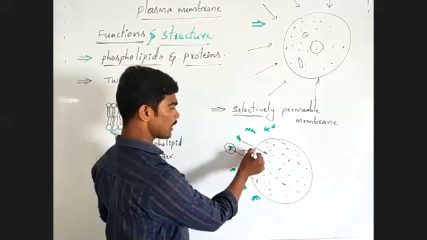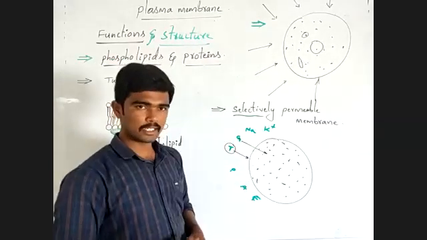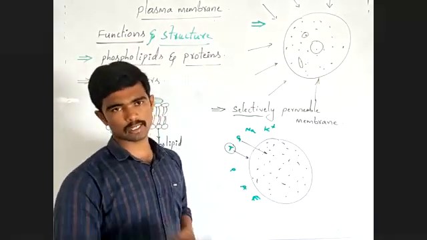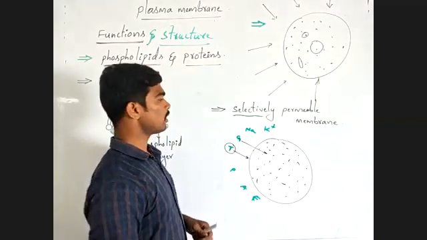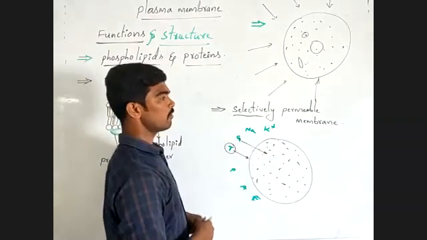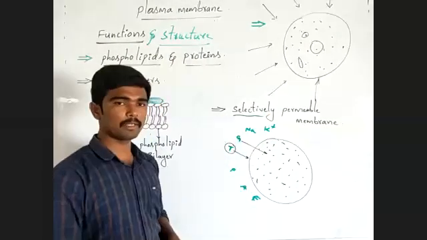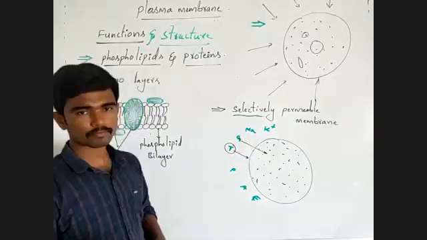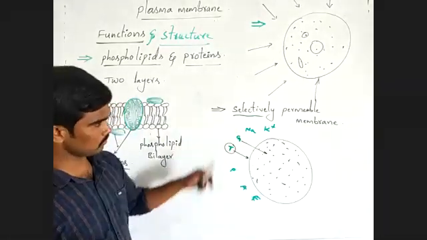Like this, the plasma membrane selects the materials to allow into the cell. That is why the plasma membrane is also called a selectively permeable membrane. Understanding?